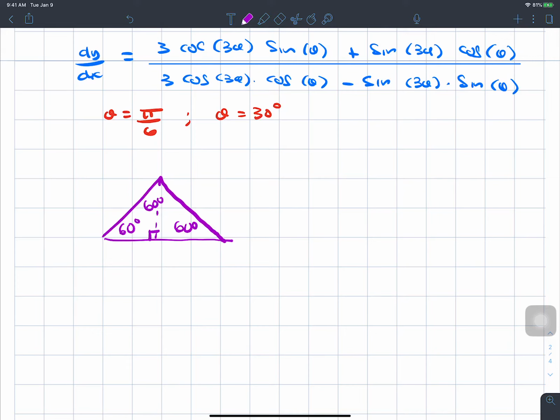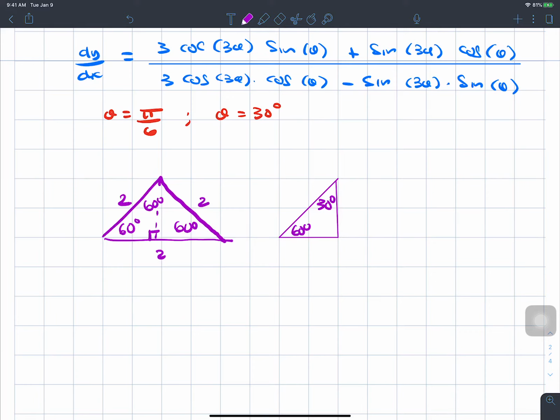Okay, so this is 2, this whole distance, and this is 2. From this equilateral triangle, we're going to get our right triangle. 30 degrees up here.